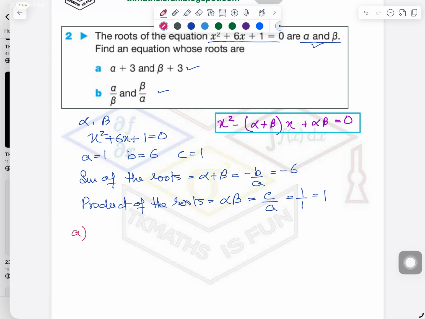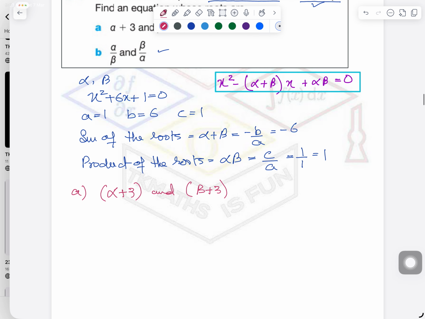The roots are given to you. One root is alpha plus 3 and the other root is beta plus 3, and you have to find the equation whose roots are these. So again, I will find out the sum and product for these roots, so I can plug in here and then I will get the equation. So let's find out the sum of these roots.